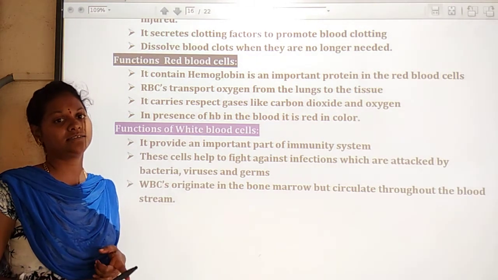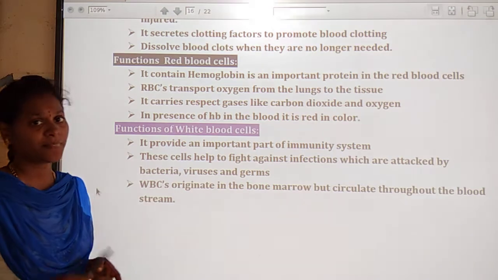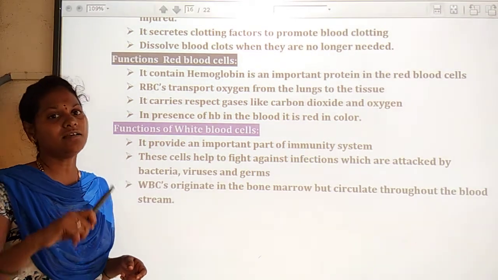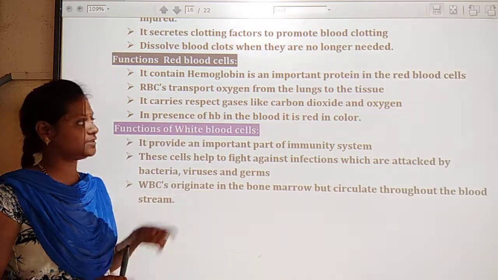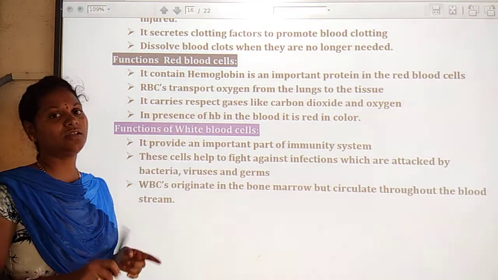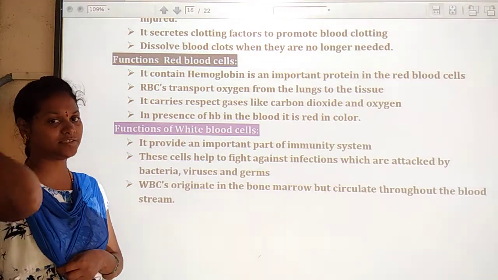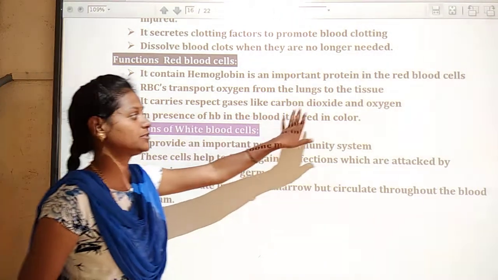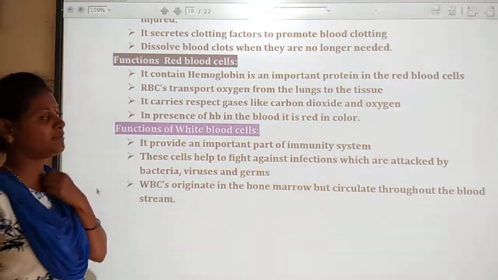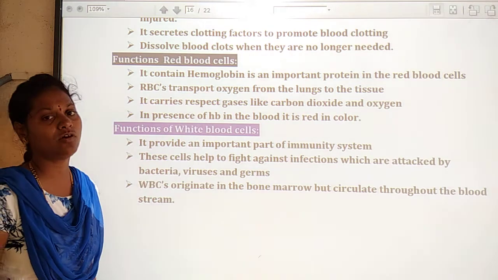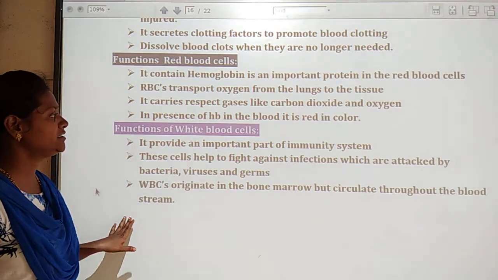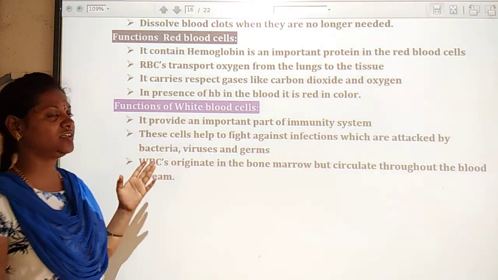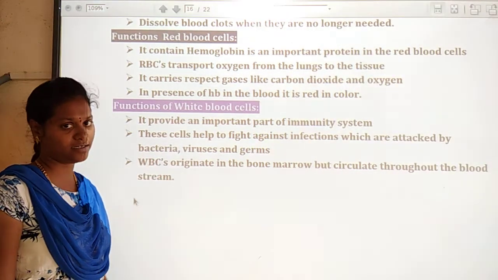Next, it also helps to exchange the gases, like carbon dioxide and oxygen. Next, in presence of the hemoglobin it looks red in color.